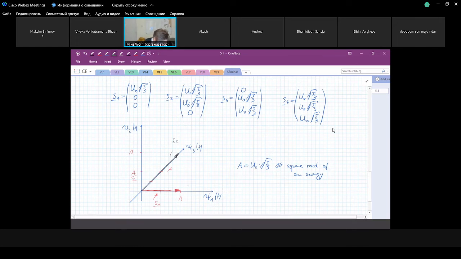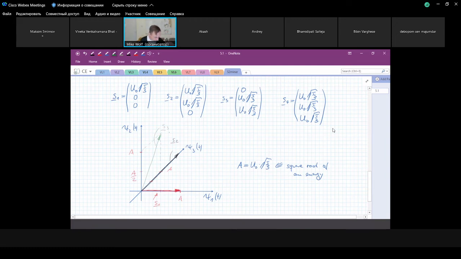If I do it in green, if I want to go in this direction, this would be again a plane, and we would have A with respect to C3 of t and A with respect to C2 of t. And then this vector here would be S3.